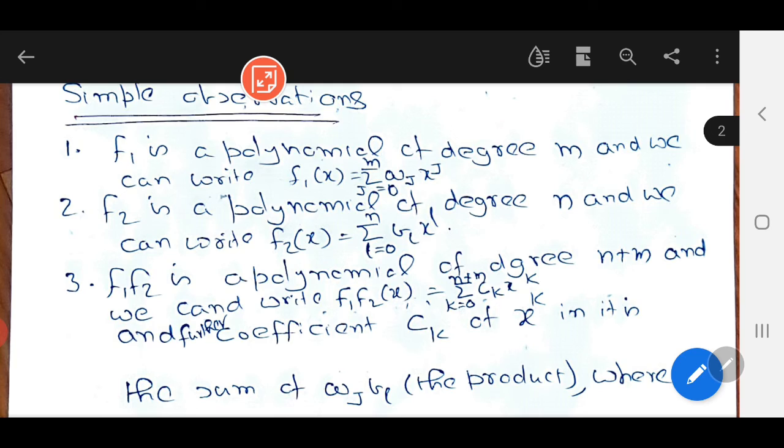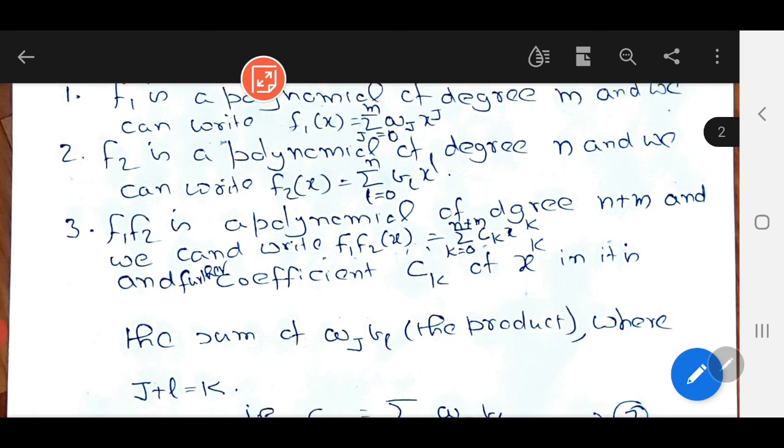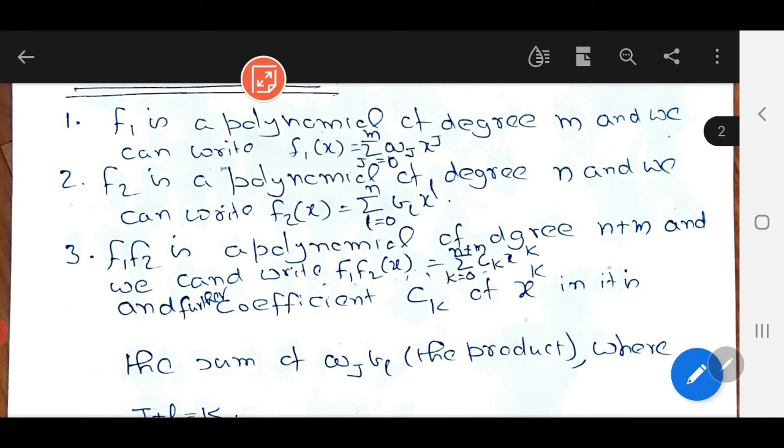When we are representing f1, the summing variable is j, that is what they call the index, and when we are representing f2, the summing variable is l. So the index is l there. It varies from 0 to n when we are dealing with f2, and j varies from 0 to m when we are dealing with f1.